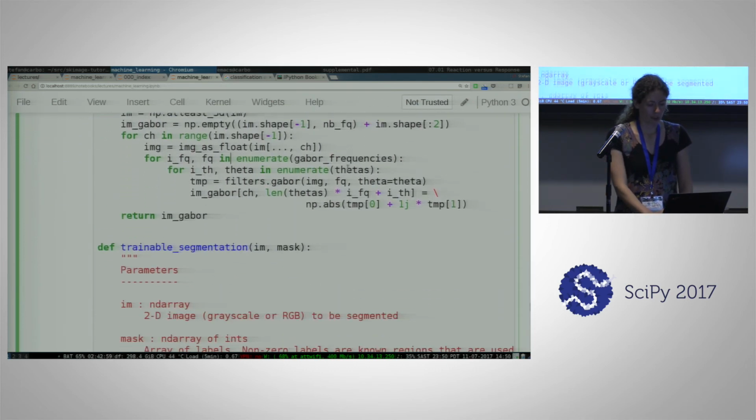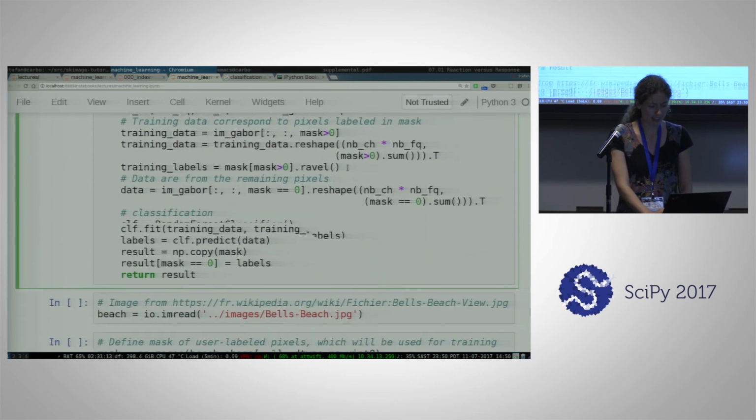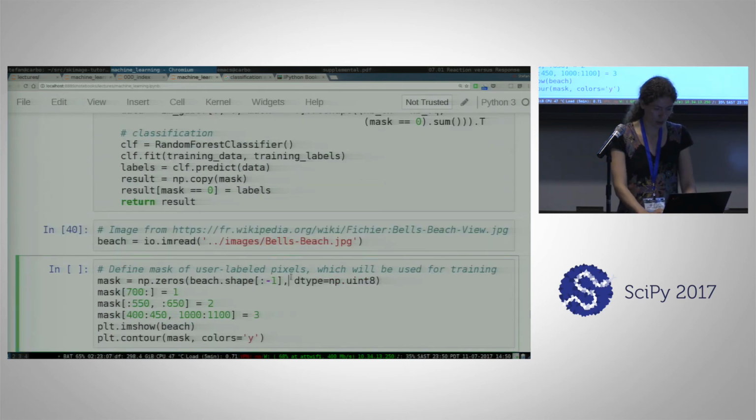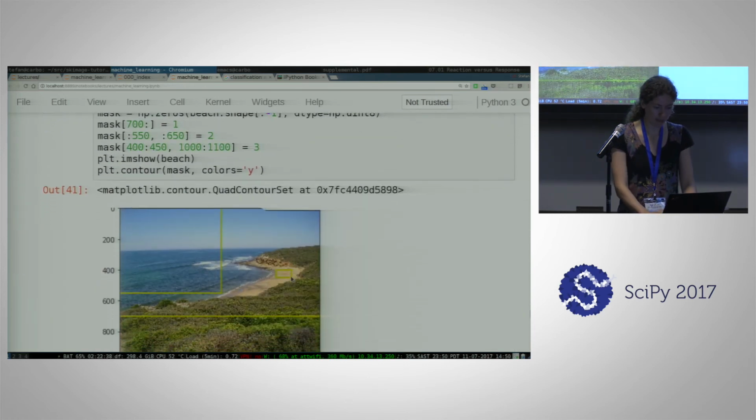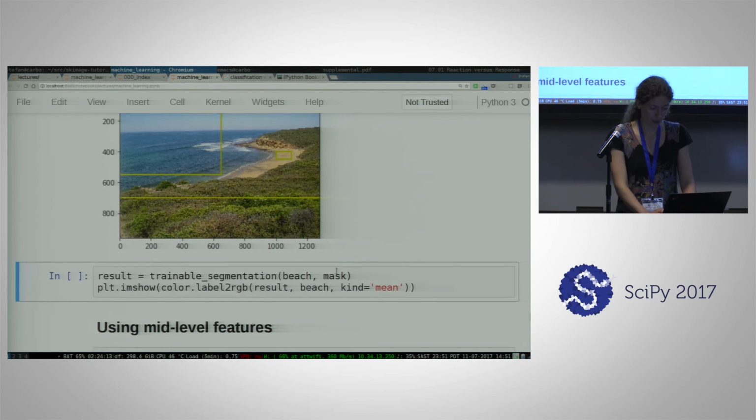That's why we use this random forest estimator, and we use an image where we define a mask with some regions that are labeled by the user. Here I have a mask where the sea is labeled, some part of the vegetation too, and some part of the sand. This will take some time to execute.